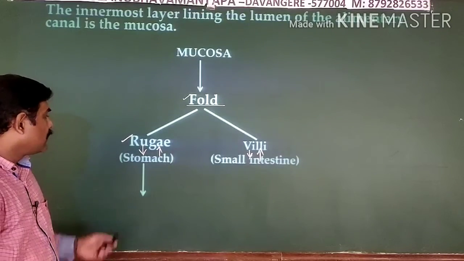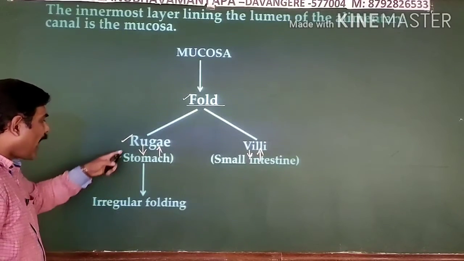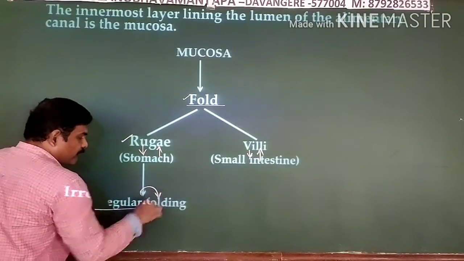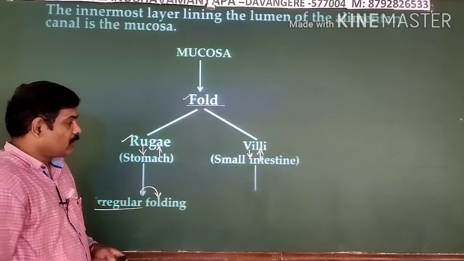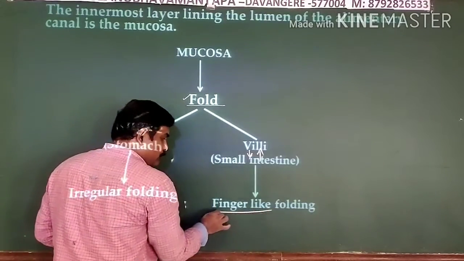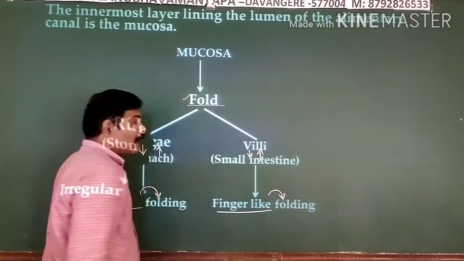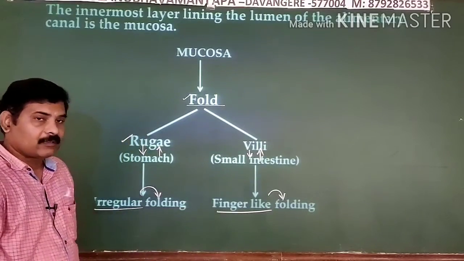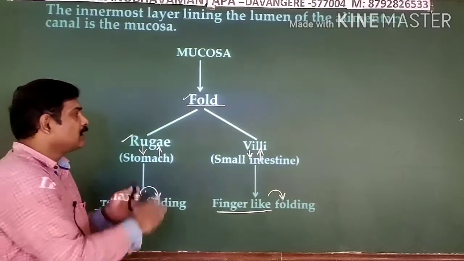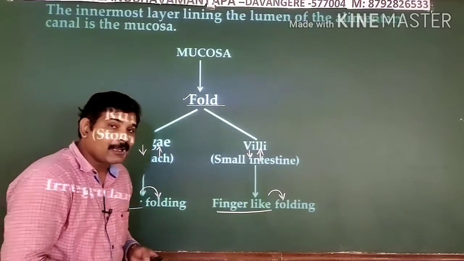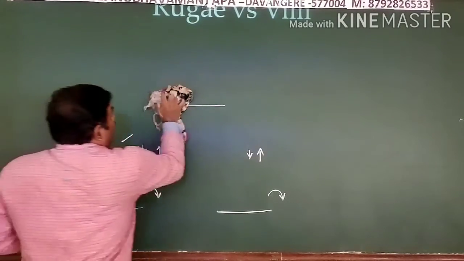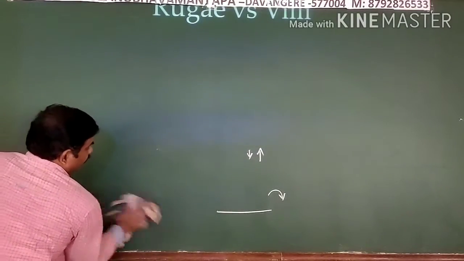The rugae are irregular folds present in the stomach, whereas the villi are finger-like foldings. So this makes the difference between these two. Let us see the two things diagrammatically also, so it will be more clear to you: the rugae as well as the villi.